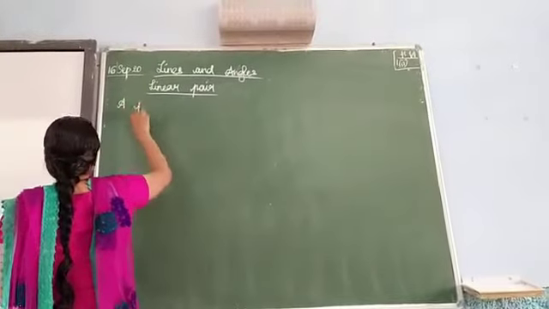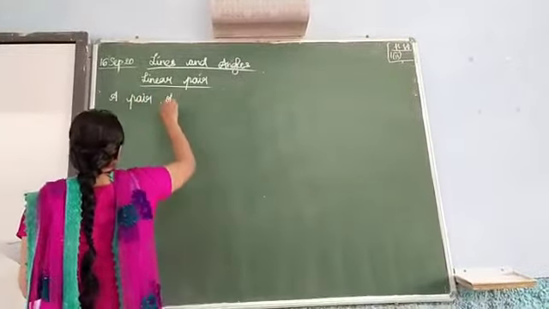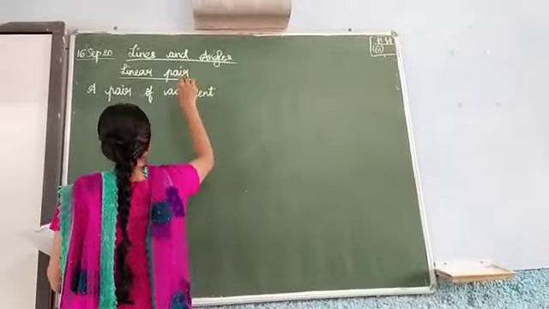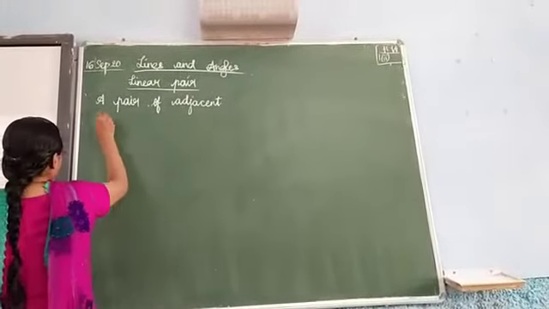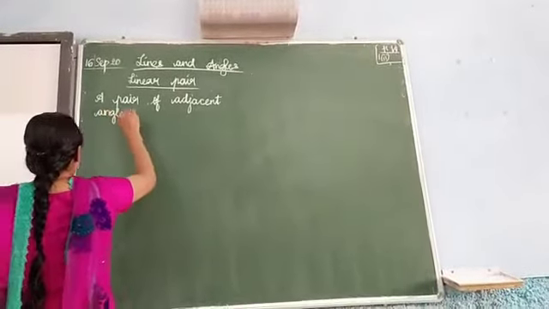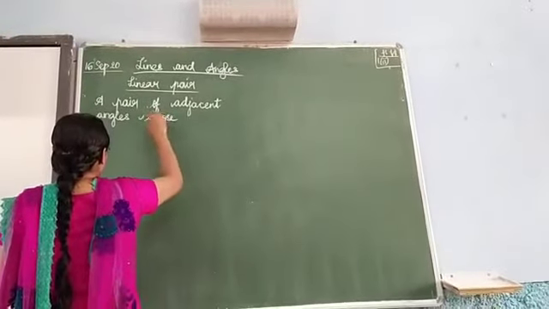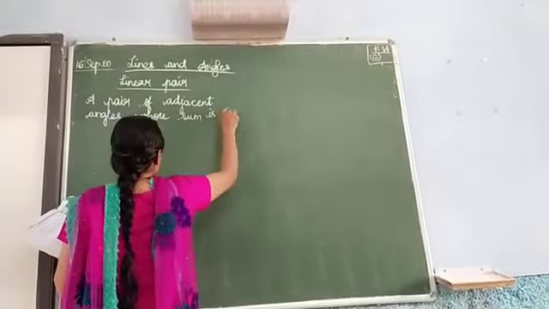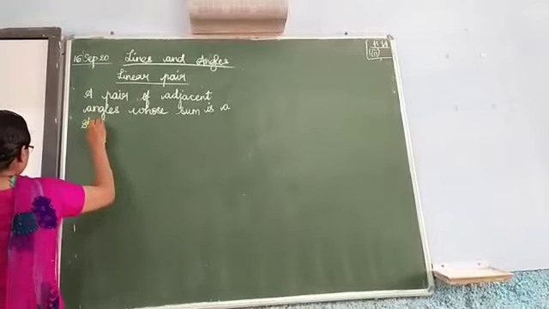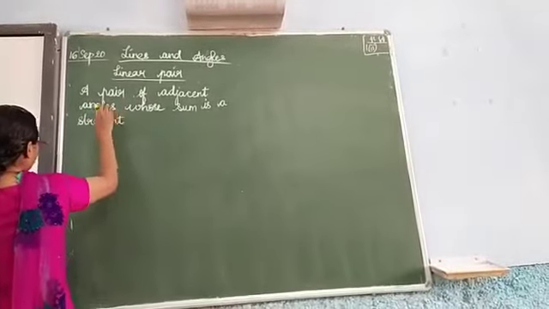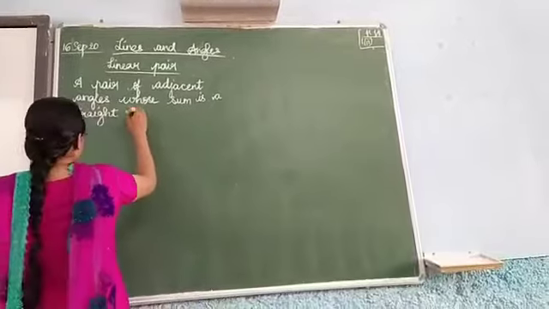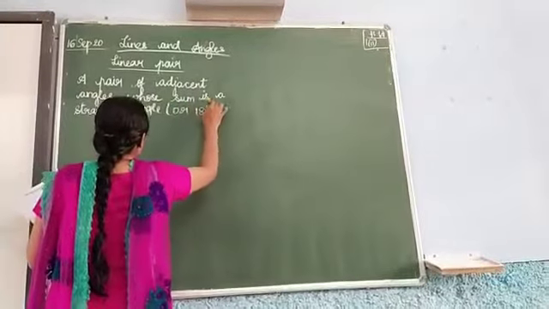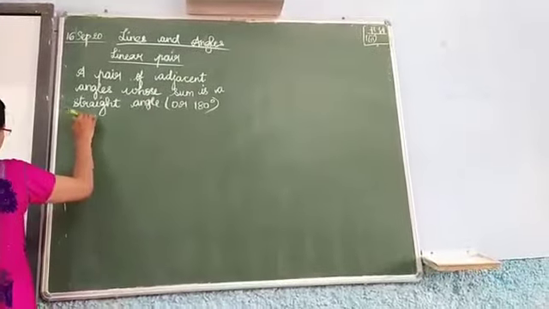A pair of adjacent angles whose sum is a straight angle, or straight angle is nothing but 180 degrees, is called a linear pair.